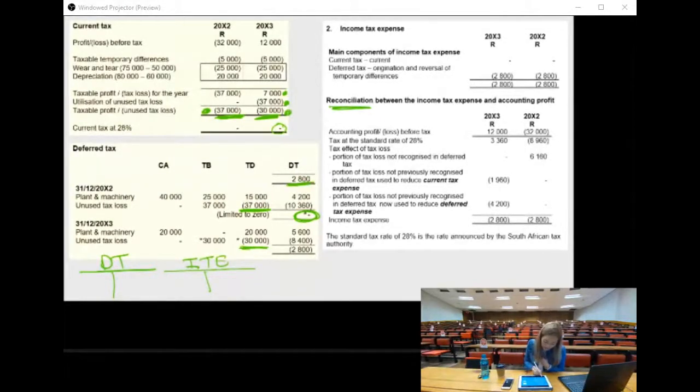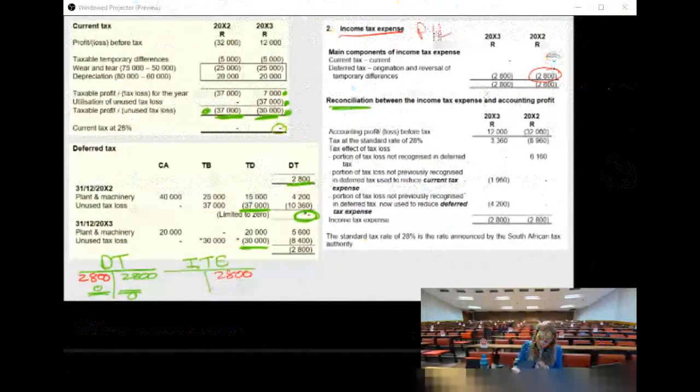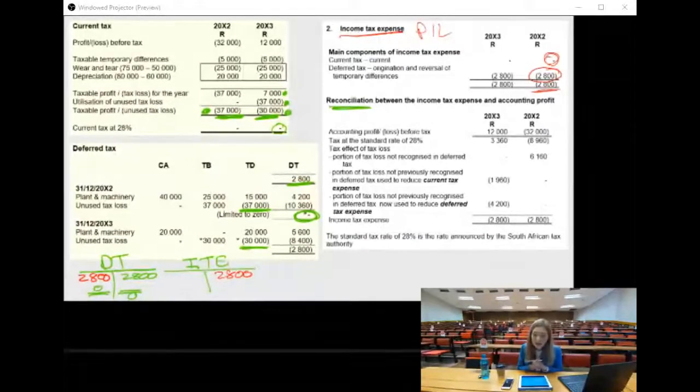So we had an opening balance of 2,800 liability, and now we say no, we want a closing balance of 0. So that means that we need a debit in our deferred tax GL account over there, and the credit goes to the income tax expense account. Okay, so therefore there's our 2,800 in my income tax expense. So this is the P&L note, and that is because we had 0 current tax. That's the only amount then in our total amount for income tax expense.